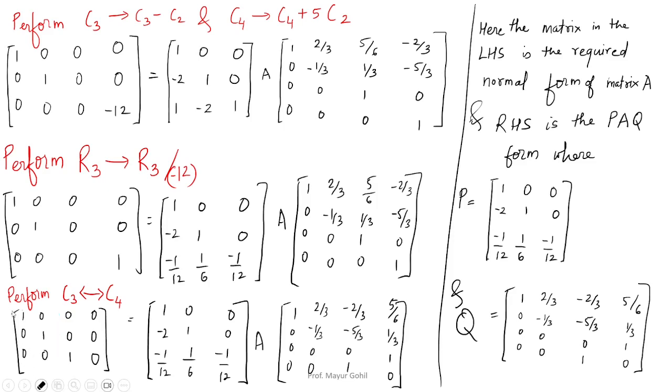So I'll highlight this here, that this is the identity. You can see this is the identity matrix that you wanted. And this is the normal form, rather the entire matrix is in the normal form. So I hope you have followed the entire example.